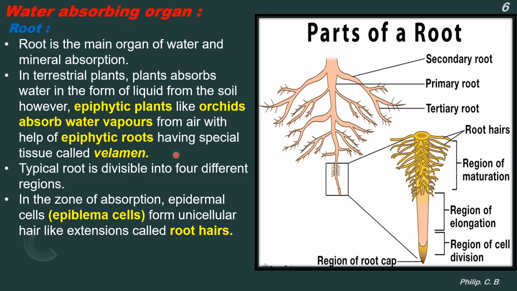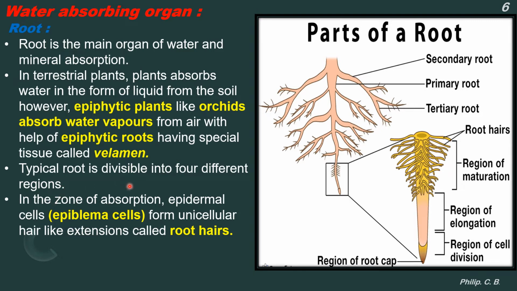Now in natural phenomena, all the plants absorb water from the soil, right? But with the exception of orchids, which are present on another plant, so the roots are usually hanging in the air. So these epiphytic roots absorb water vapor from the surrounding with a special type of tissue present in the roots, which is called velamen.